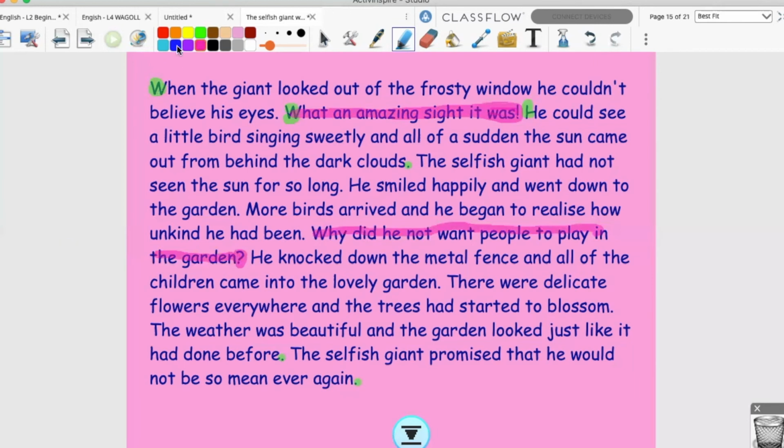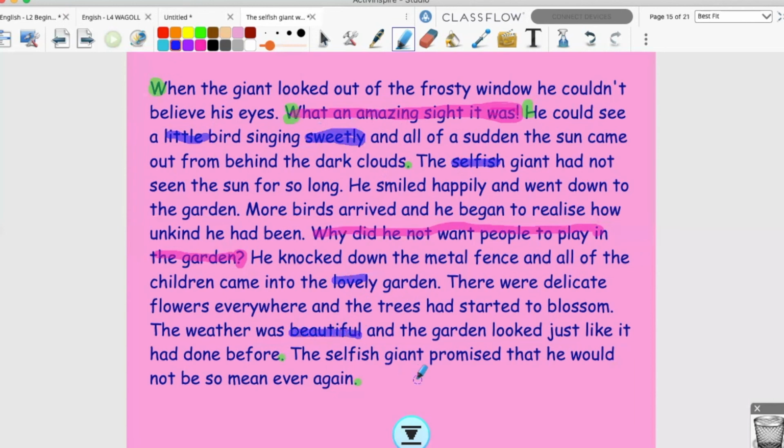As well as all of this, I've got my describing words as well. The little bird singing. I've also got an adverb, singing sweetly, something Year 2 you can have a go at using. Okay, we're still calling him selfish. We're describing the giant. Okay, the lovely garden. The weather was beautiful.